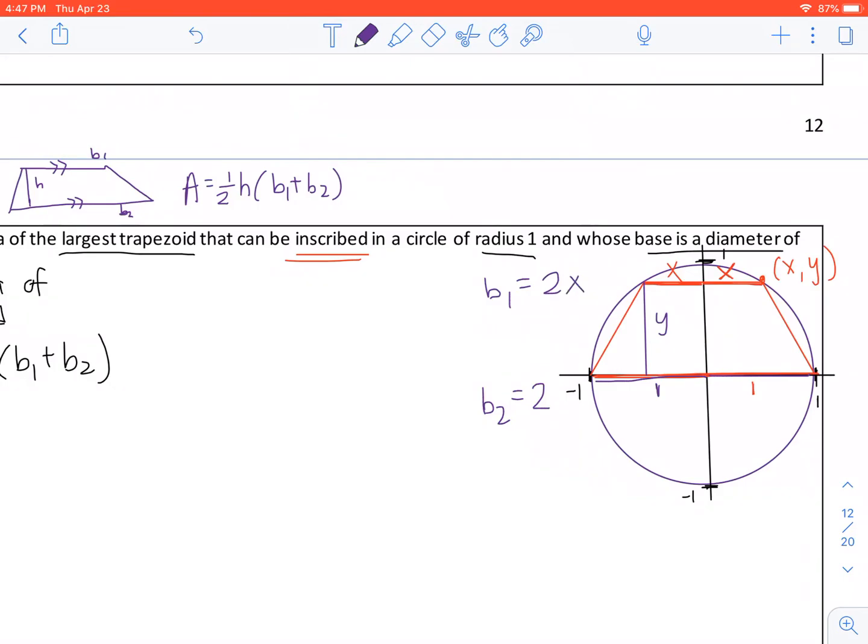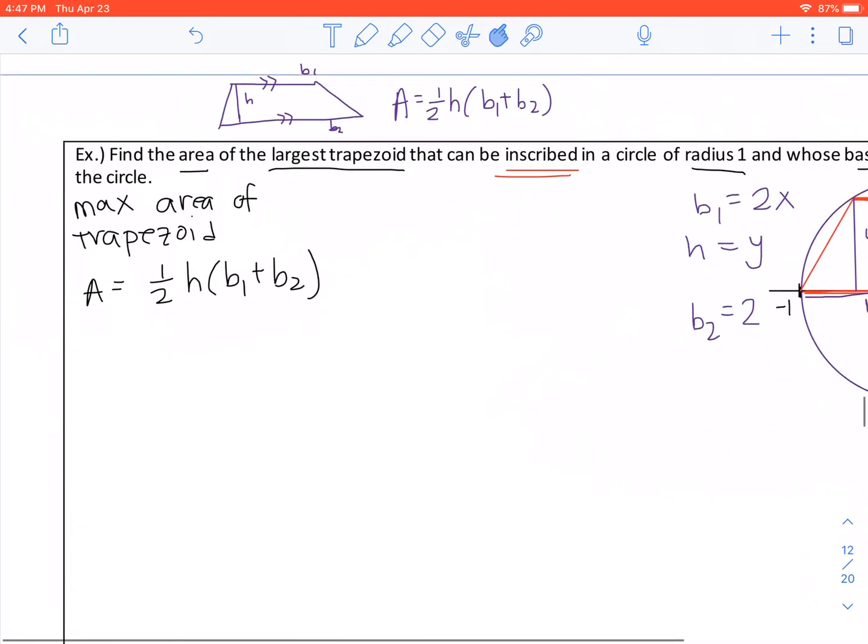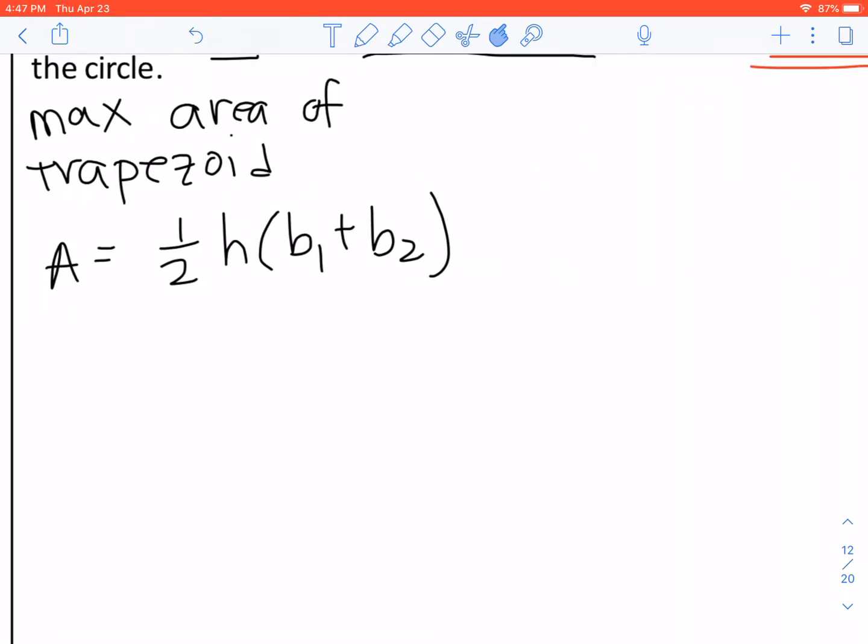And then my height isn't h, but my height is going to be y. So defining it the way that I set up here, and again, we could have used the variables that were in the other equation, but I'm just going to go ahead and substitute those in over here for my area formula. So I'm going to rewrite my area formula as 1/2 y times base 1 was 2x, plus base 2 is 2.